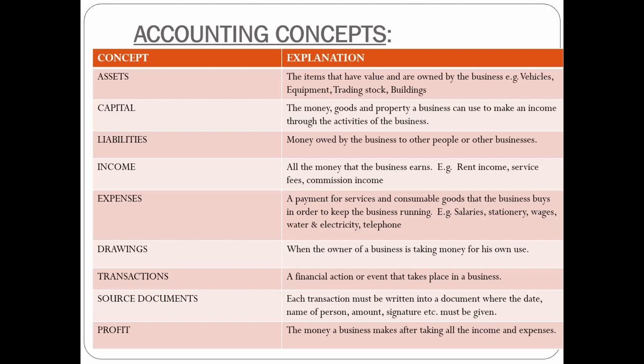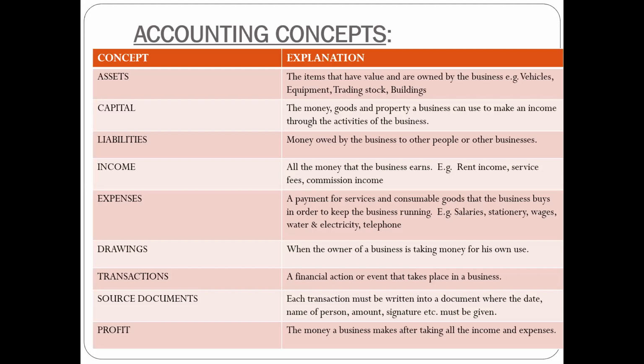That is an expense. You need to buy some stationery and pay for it. It's an expense. You need to pay the water and electricity bill or the telephone bill. Then that is an example of an expense. So anything that you pay, it's for services, for goods, for products, etc., that is going to be seen as expenses.